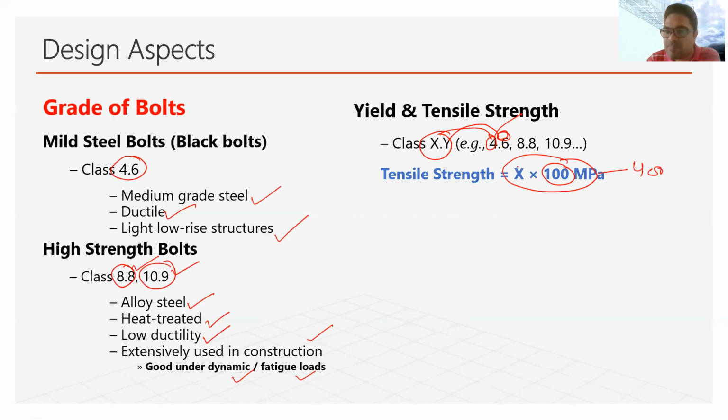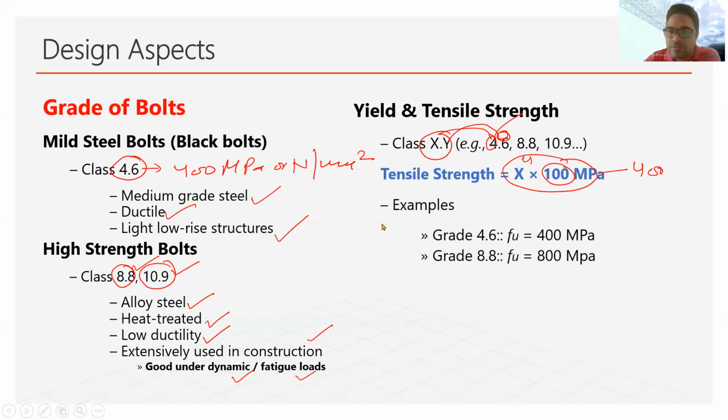So here if I replace x by 4, I can say that class 4 bolt has ultimate strength of 400 MPa or Newton per mm square. Okay. Similarly, there you see the example. So ultimate strength of 4.6 class bolt will be 400 MPa. Similarly, ultimate strength of grade 8.8 will be 800 MPa. Similarly, we can find out the ultimate strength of 10.9 also. So it will be 1000 MPa.